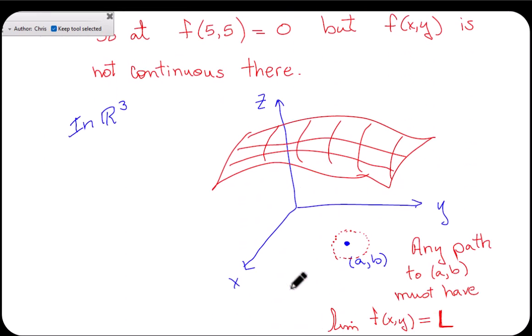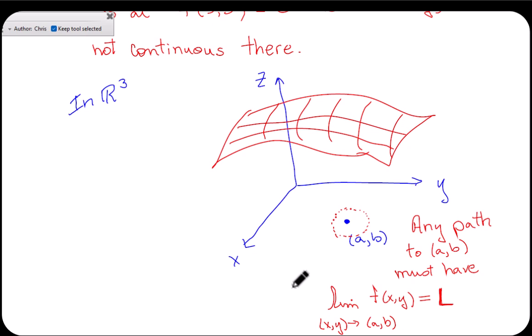Let me see if I can make this make a little more sense. In Calculus 1, for something to be continuous, I had to have it go from the left and the right, and that was it.